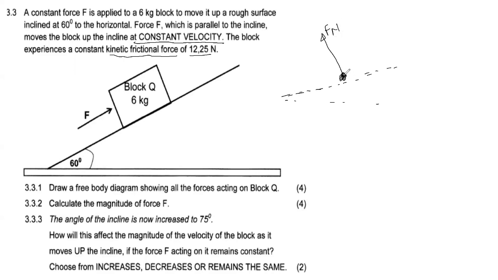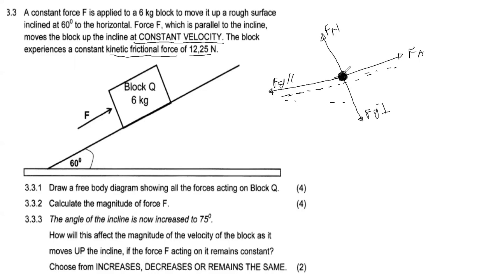Then in line with our normal force, we know that it is our FG perpendicular. Then sliding down the incline is always the FG parallel, but then our force is being applied up the slope. So we have our force applied there.